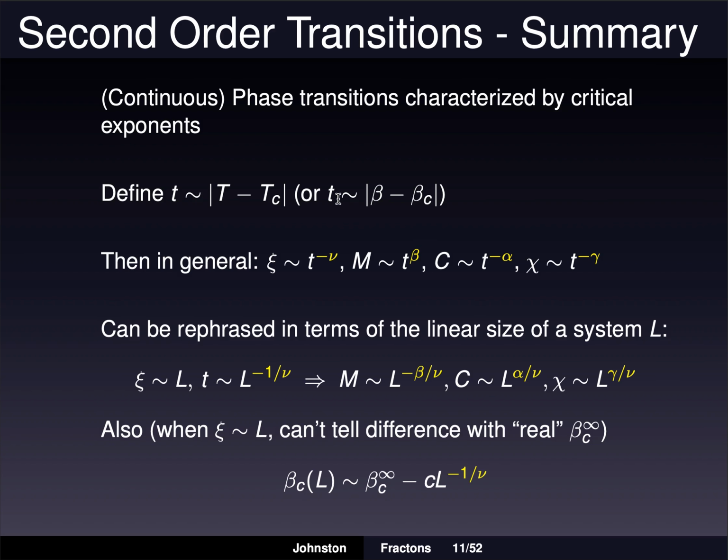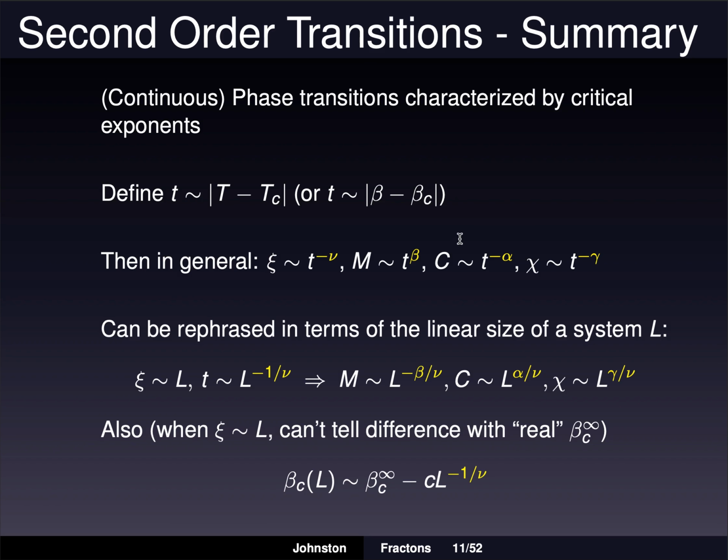Then what one finds in general for all continuous transitions is firstly that the correlation length psi here diverges in a characteristic manner. There's an exponent, a number associated with this divergence. Similarly, the magnetization vanishes in a characteristic manner. Again, there's an exponent, a critical exponent, shown in yellow here, beta, which characterizes this vanishing.